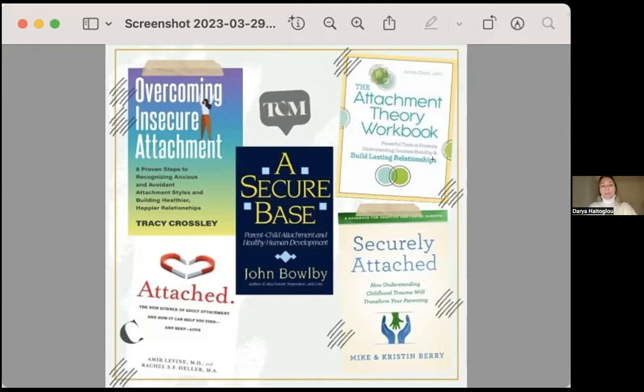And there are many more, but this is just to whet your appetite and get you interested and curious about this attachment theory, attachment styles, and hopefully it can help you also reflect upon your communication and maybe your partner, if you have one, or as you're looking for a partner.